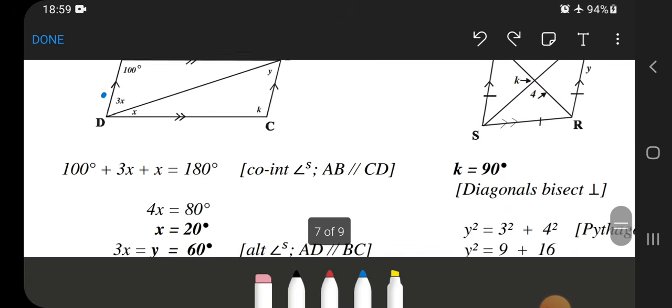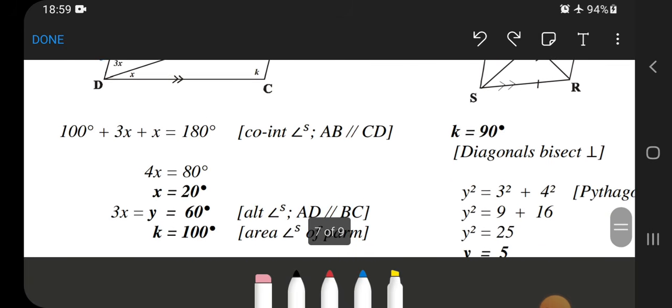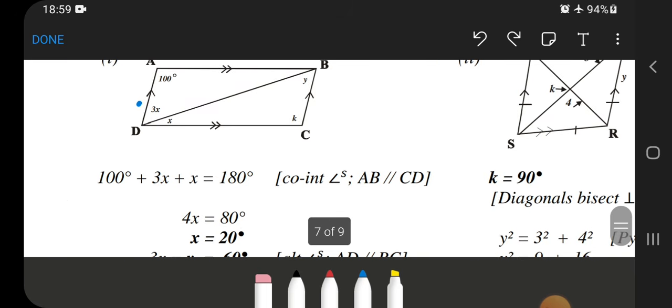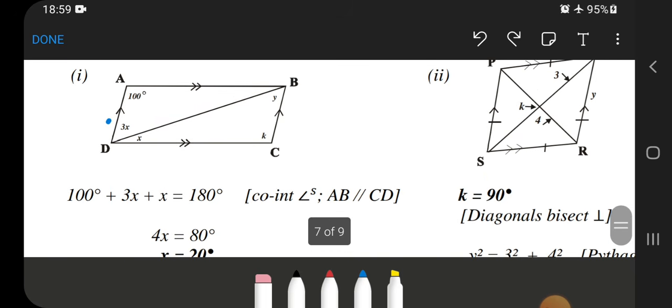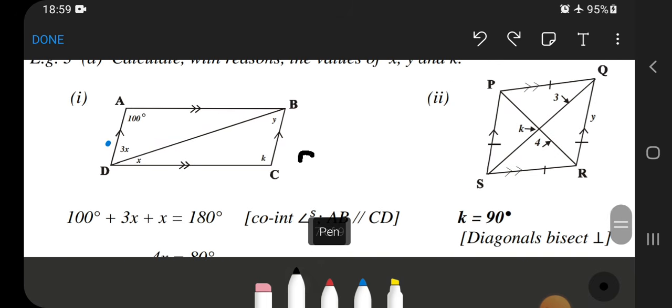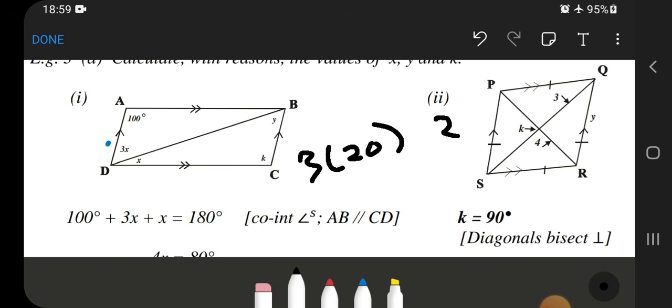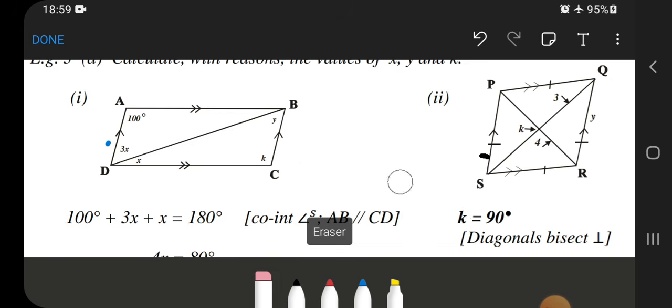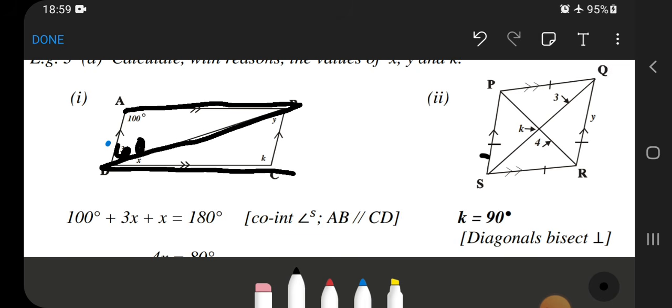And then x equals 20. Now, when we do 3 times 20, 3 times 0 is 0, 3 times 2 is 6, so it's 60, like that. So we have 60 here, and then we can have something like this.